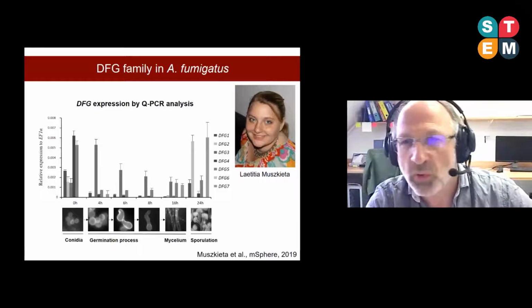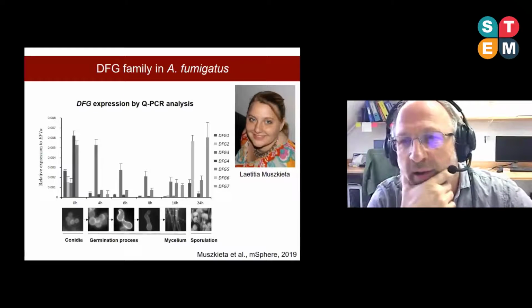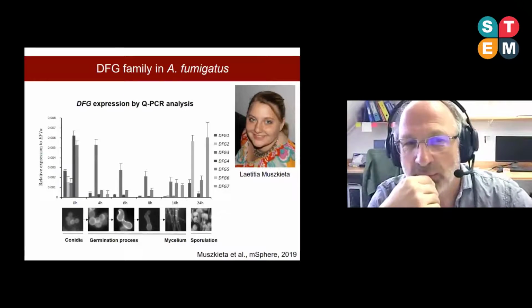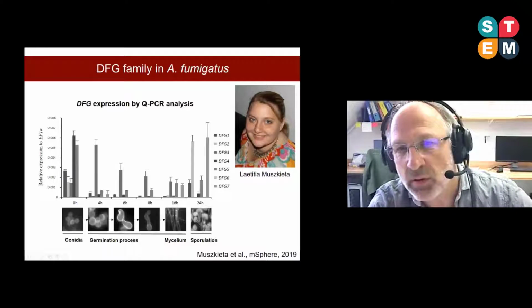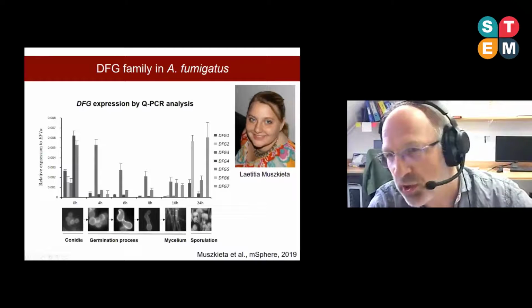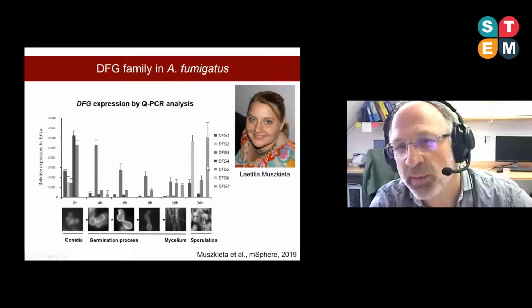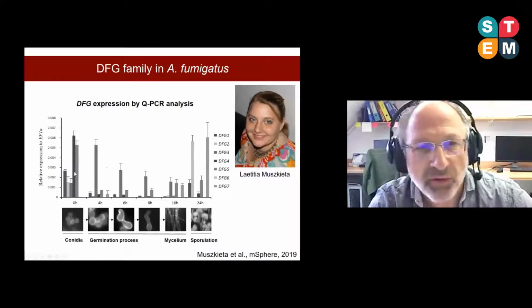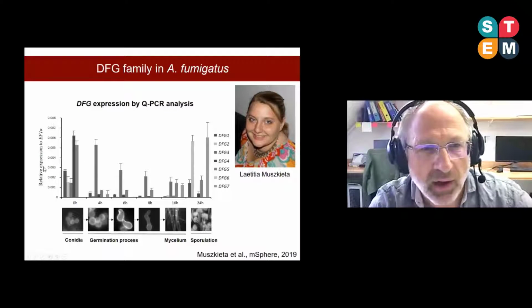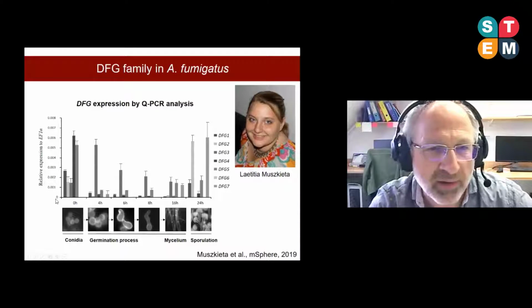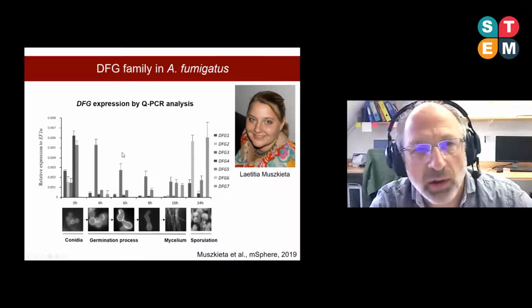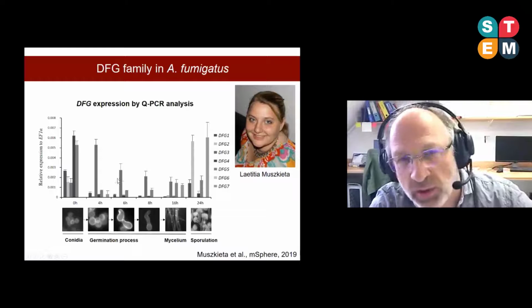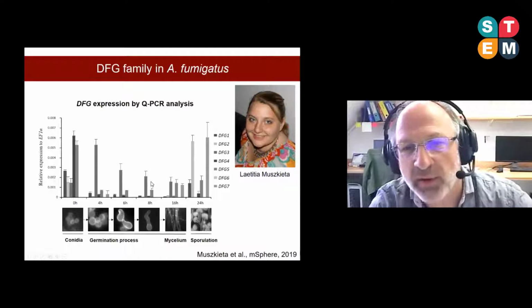That was work done by Laetitia in the lab, and she found there are 7 ortholog genes of DFG in Aspergillus fumigatus. 5 are well expressed at the conidial level, and during the germination, DFG3 is mainly expressed.